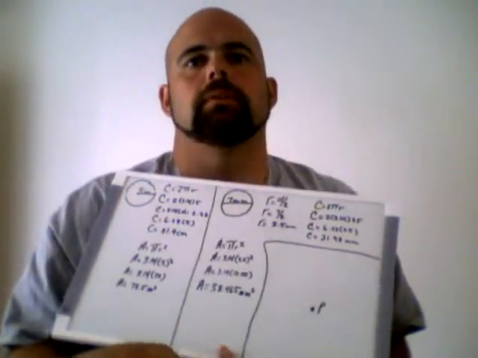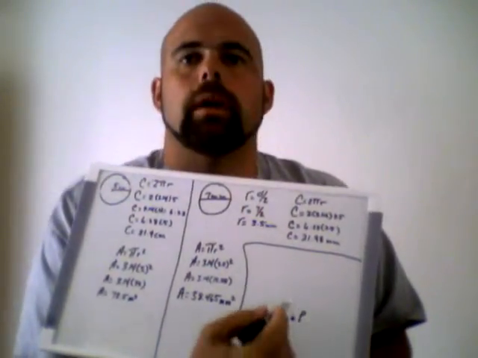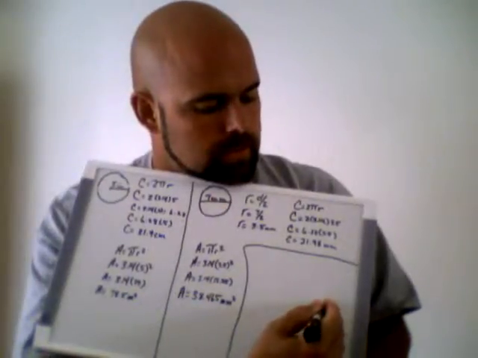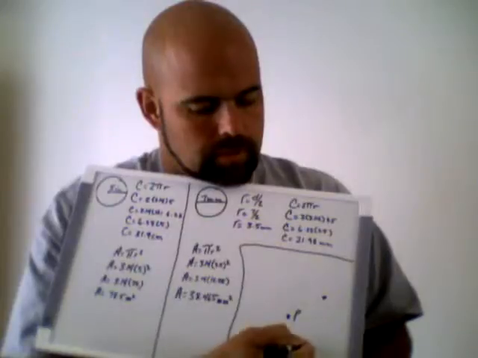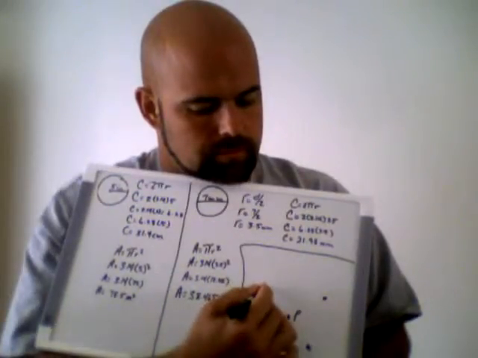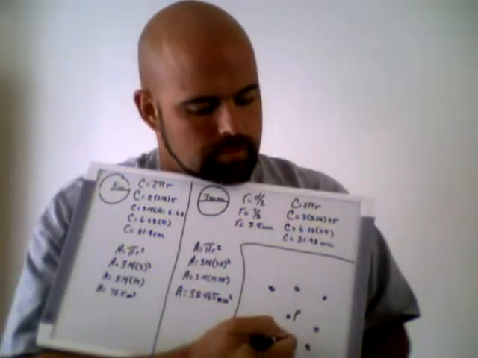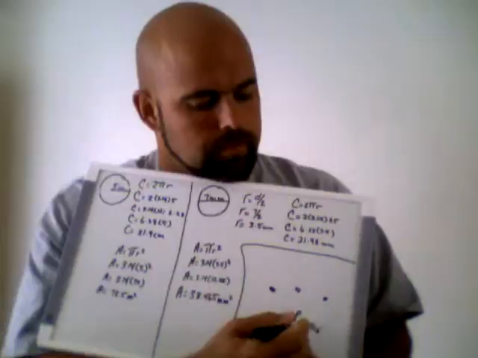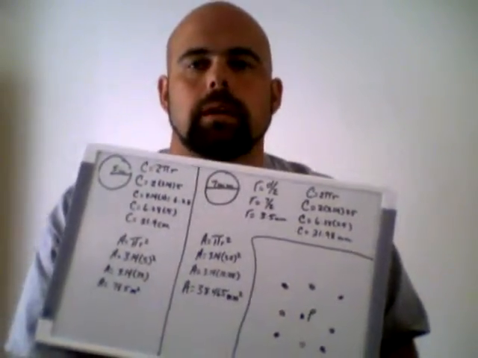If I was asked to draw all points 5 centimeters around point P, it would look something like this. So here's a point, here's a point, there's a point, there's a point, there's a point. Alright, so I have all my points 5 centimeters away from point P.